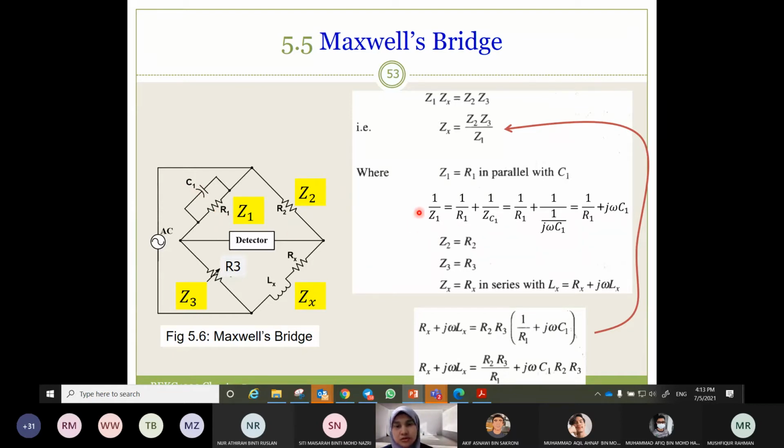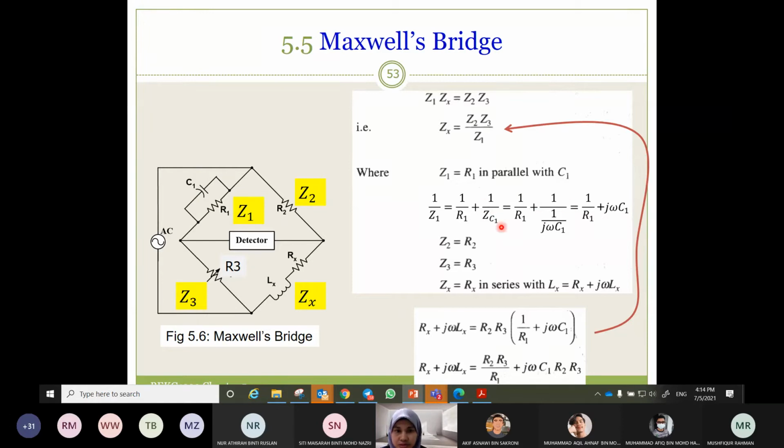This is the formula for parallel circuit to find the equivalent Z. So 1 over Z1 is equal to 1 over R1 plus 1 over ZC1.